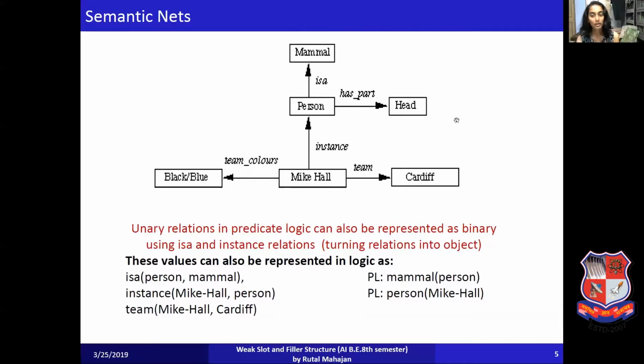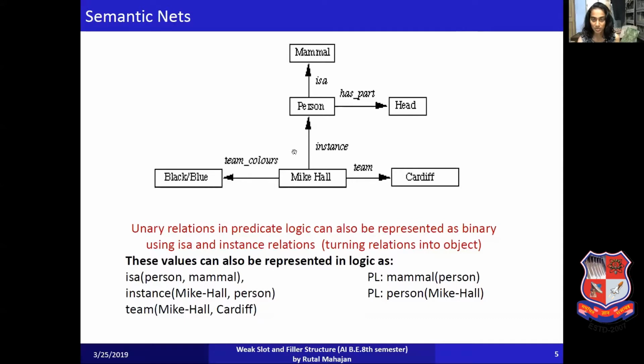Unary relations and predicate logic can also be represented as binary in this semantic net using the ISA and instance relationships. Using this, by turning those relations into objects, we can represent unary relations in predicate logic, like person is a mammal, and Mycal is a person.